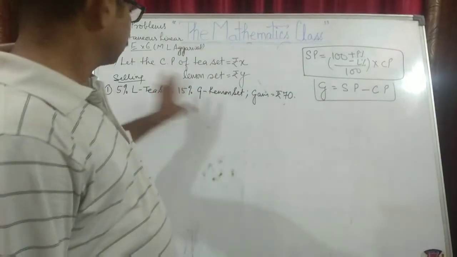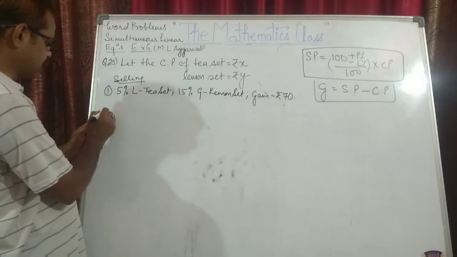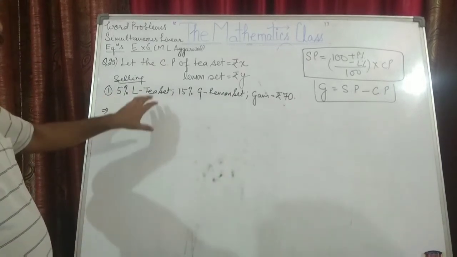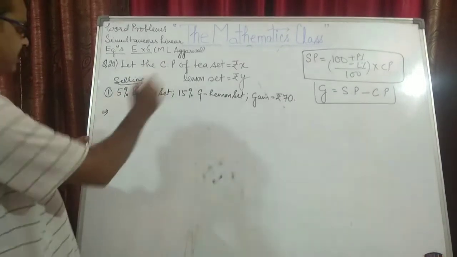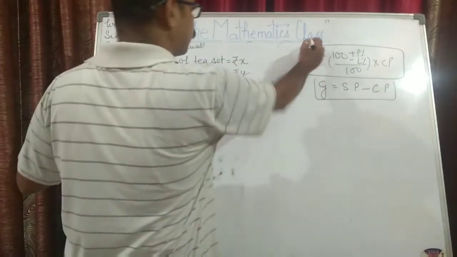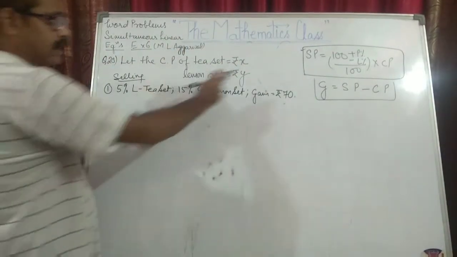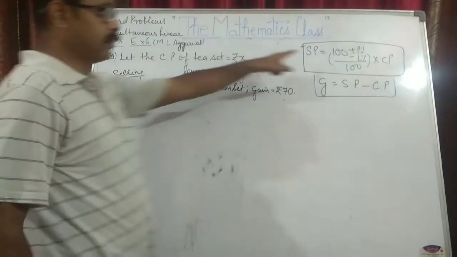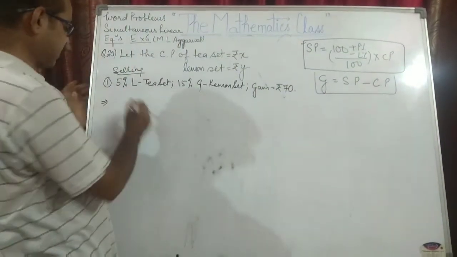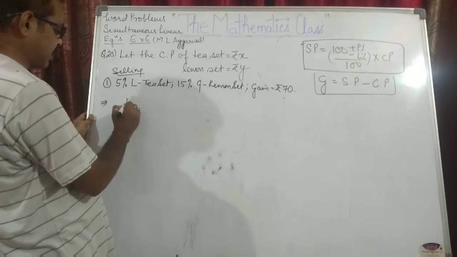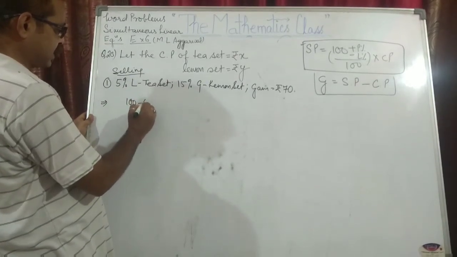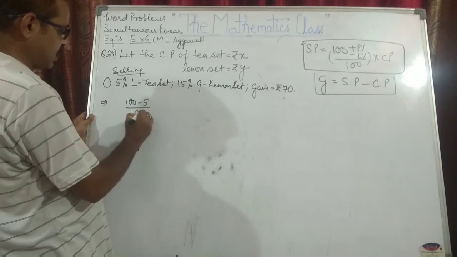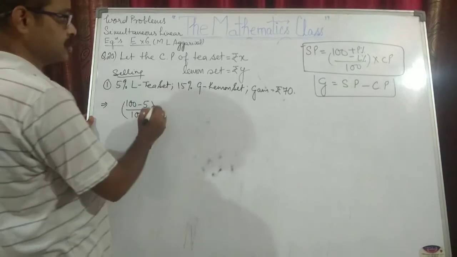Okay, let's form an equation. 5% loss. So the selling price of the tea set will be, according to the first formula, 100 minus loss percent. Loss percent is 5%, so 100 minus 5 upon 100 into CP.